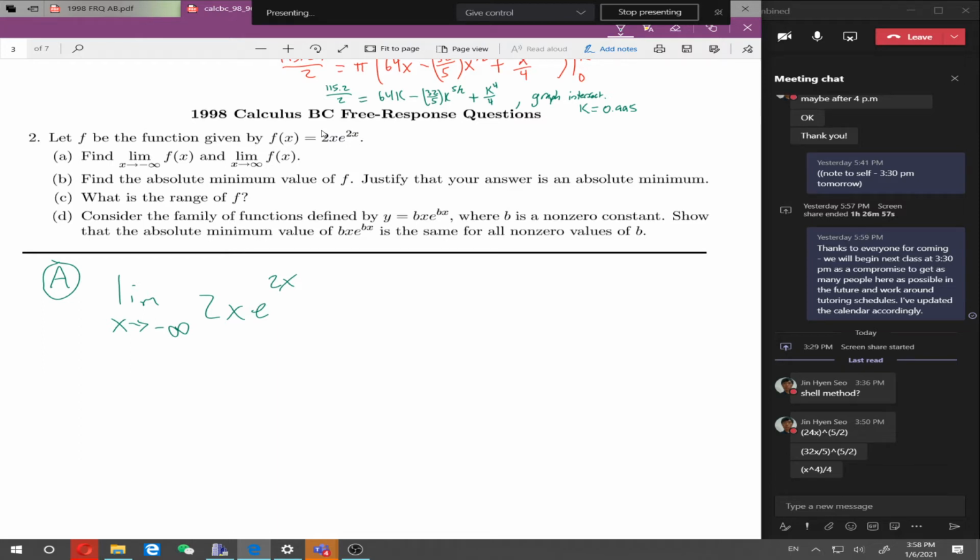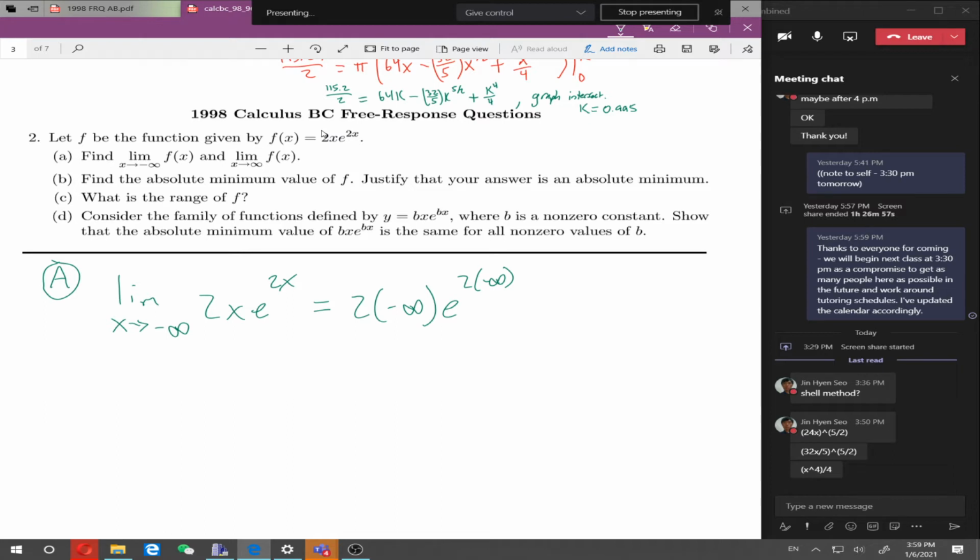Okay, so this will give us 2 times negative infinity e to the 2 times negative infinity, which is, you're right, 1 over infinity times negative infinity. But that exponential power is going to grow a lot faster than our polynomial.